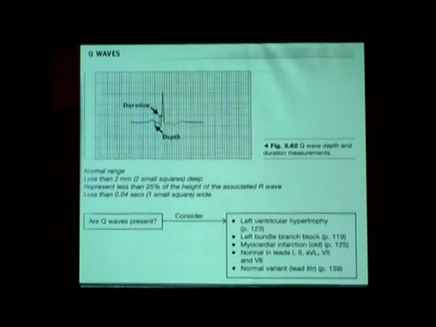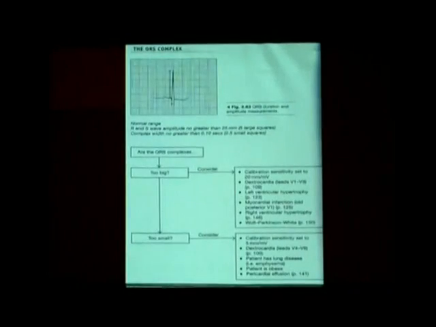All the other Q waves are physiological, especially in V5 and V6, where they represent septal activation from left to right. When a pathological Q wave is there, your diagnosis is chronic total occlusion. I don't want you to say infarction. It is chronic total occlusion of the particular artery. So that is the Q wave.